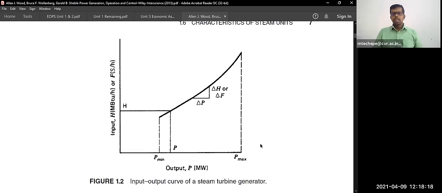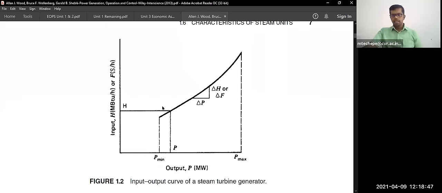Thermal generating units range from a minimum of 1000 megawatt to a maximum of 4,500 megawatt, depending on the series of the stations. One generator is 1000 megawatt, like 1000 into 4 or 1000 into 2, or otherwise 500 into 2. It depends on the size of the generators.